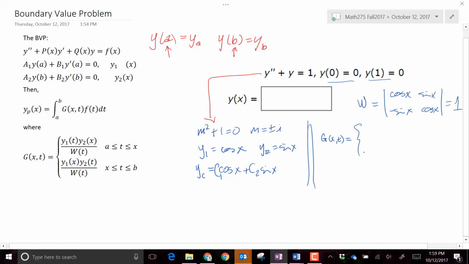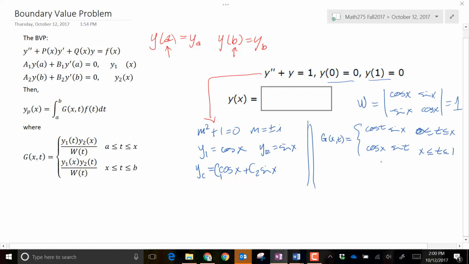So we got cosine t sine x divided by 1, and then cosine x sine t for these values between 0 and 1: 0 less than t less than x, and x less than t less than 1.